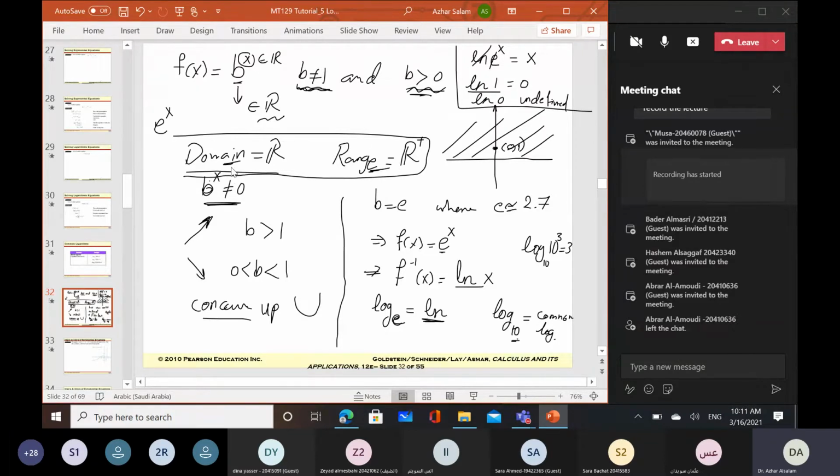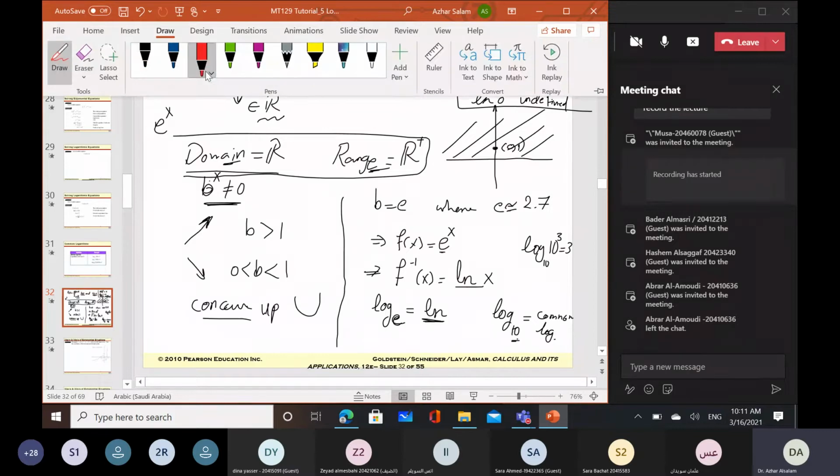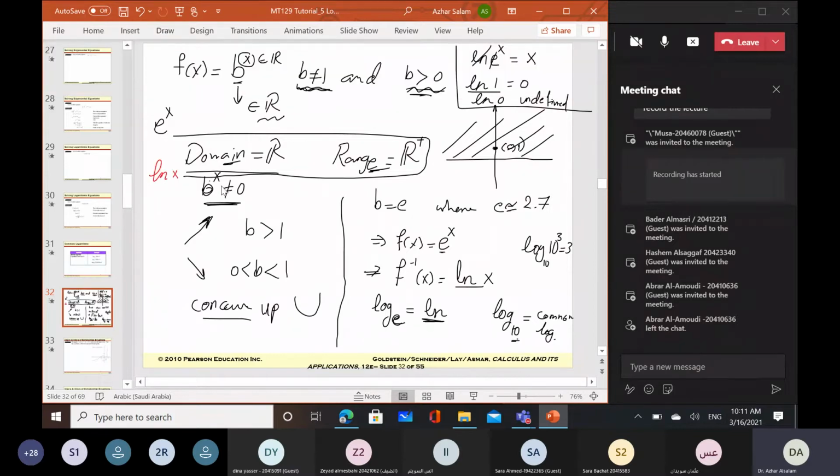But for ln x, this will be the range: the range will be all the real numbers, but the domain will be only the positive numbers. So the function and its inverse simply swap the range and the domain. For the exponential function, the domain is R and the range is R positive. For the logarithmic function, the domain is R positive and the range is all real numbers R.